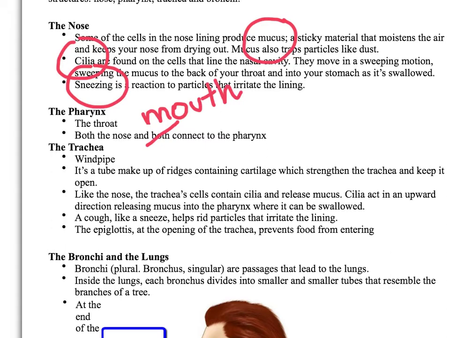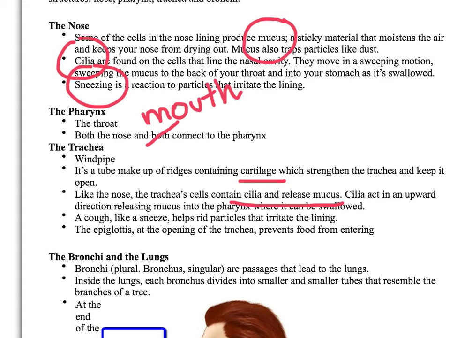The trachea is made up of rings of cartilage, and the purpose of that is to strengthen the trachea, make sure it doesn't collapse, and to always keep it open. And like the nose, the trachea contains cilia that release mucus, and they act in an upward direction to try to get the mucus out of the lungs.